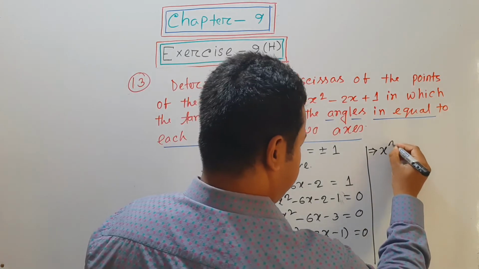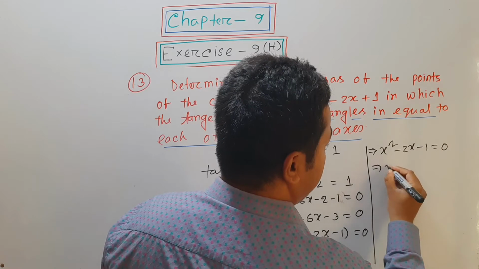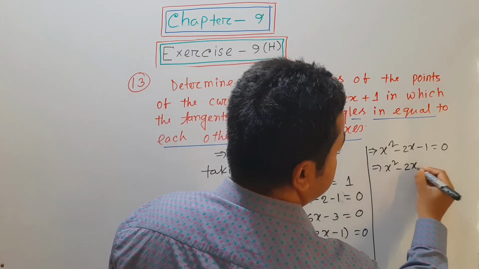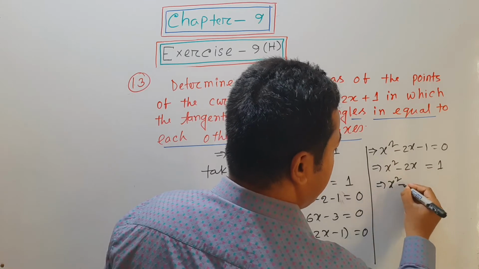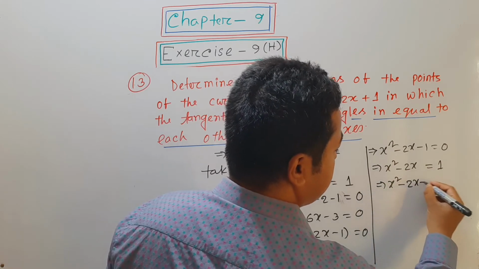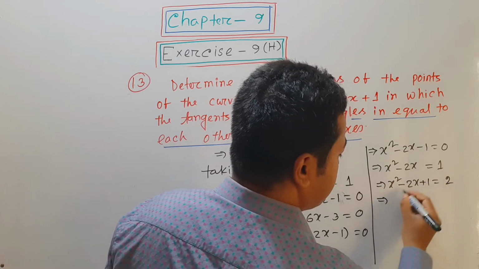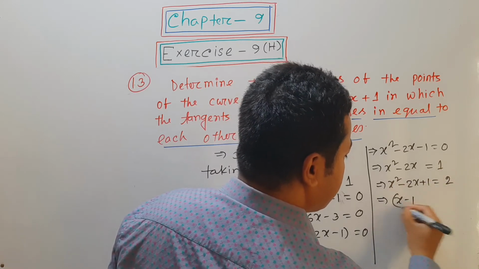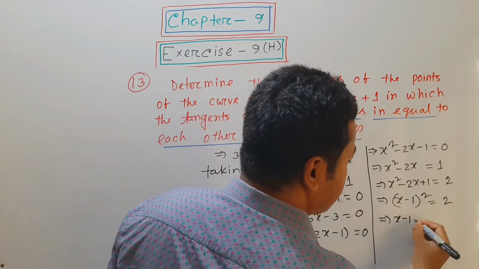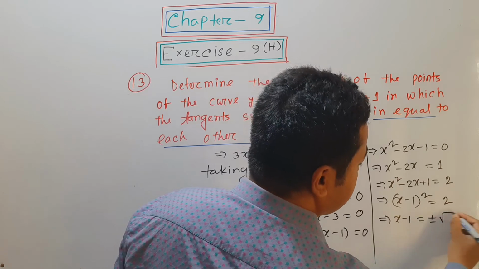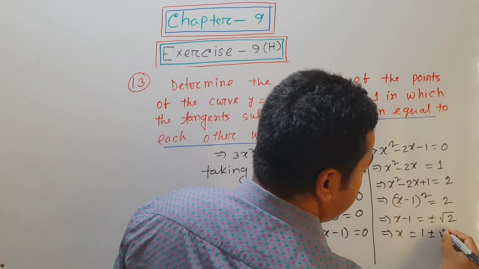Then x square minus 2x is equal to 1, and adding 1 on both sides we get 1 plus 1 is equal to 2, so (x minus 1) whole square is equal to 2. So x minus 1 is equal to plus or minus root 2. So x is equal to 1 plus or minus root 2.